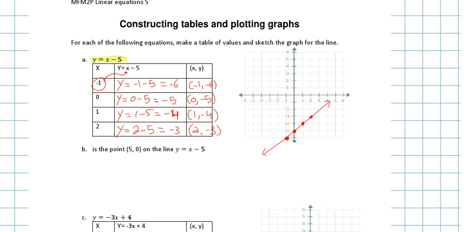The line does not stop. If I keep plugging values for x, I'm going to keep getting values for y. So this would be my line. Now, are you guys okay with this?